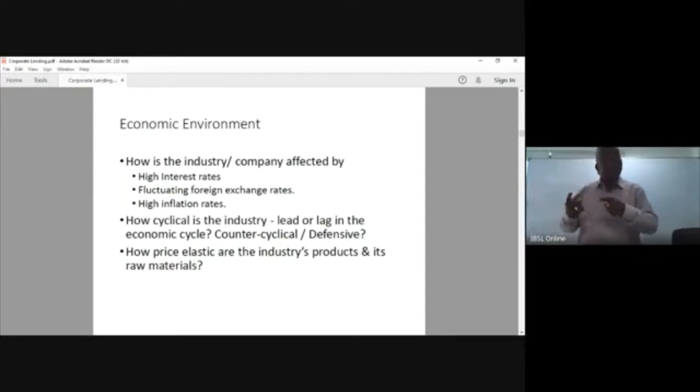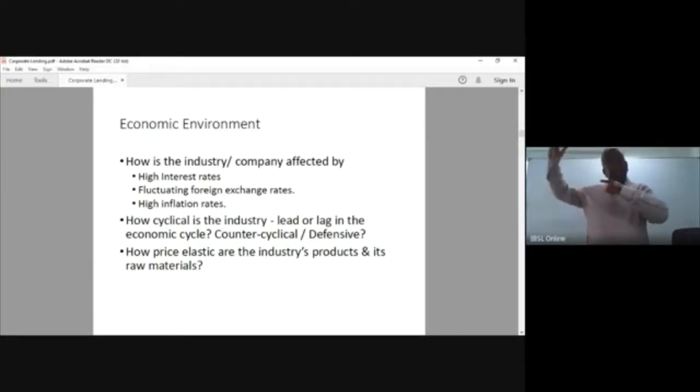If there is a sudden increase, a very high inflation rate, what will happen? All prices will increase. Even raw material will increase, electricity, water, that is utilities, and labor cost will be increasing. So ultimately, the cost of production also will increase.